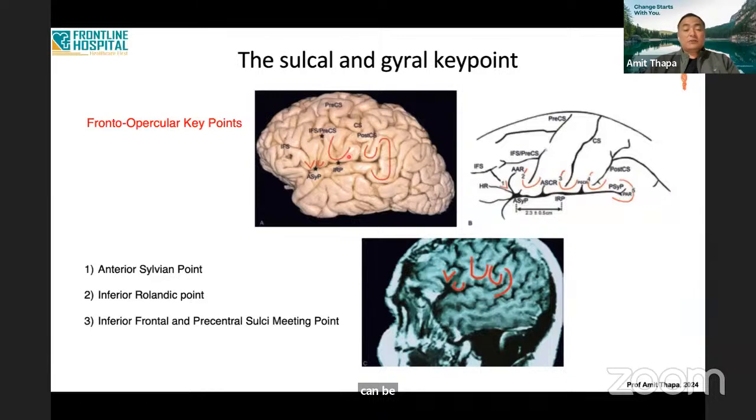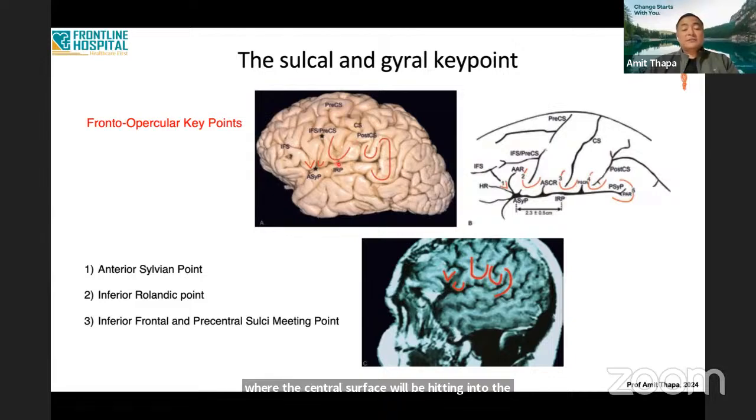So we made a mnemonic of the 3 Vs. The proximal V, or the anterior V, is the triangularis gyrus, and then the middle V is basically the precentral gyrus going through the subcentral gyrus into the postcentral gyrus. This middle V is very evident even when we look at 3D rendered MRI scans, so one can get an idea about that. And at the tip of it, where the central sulcus hits the sylvian fissure, is the inferior Rolandic point.